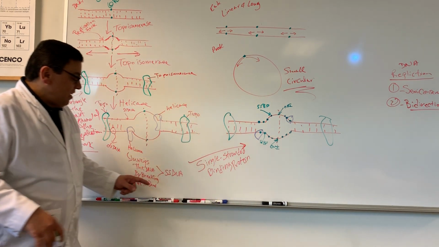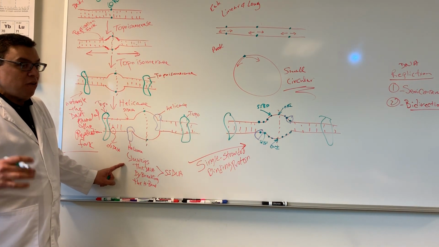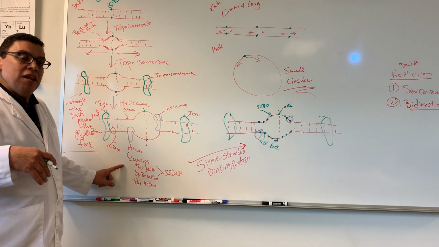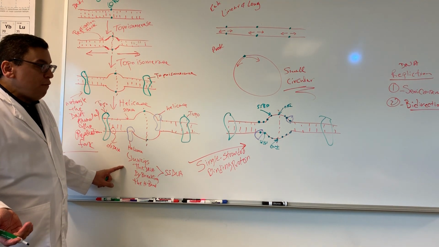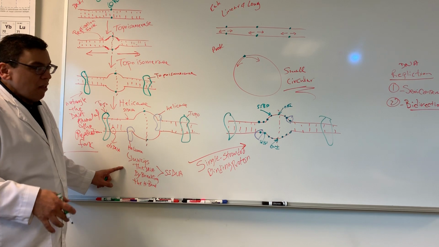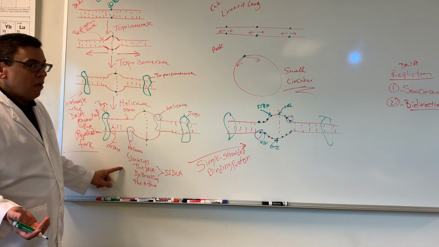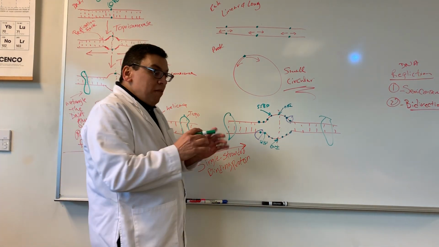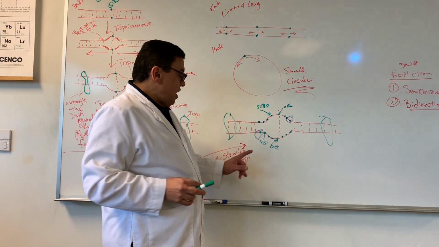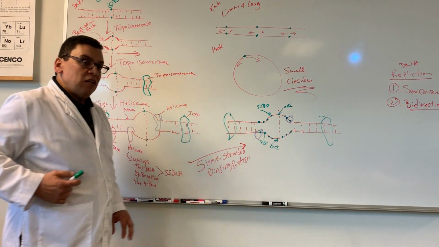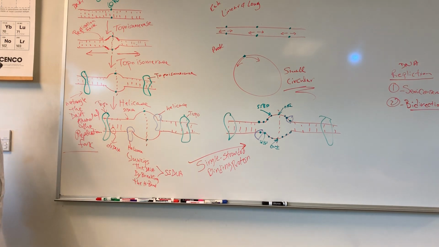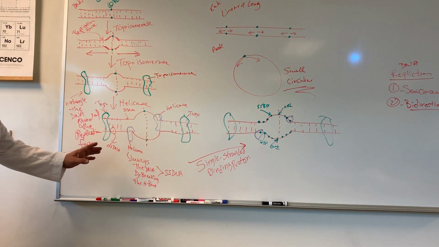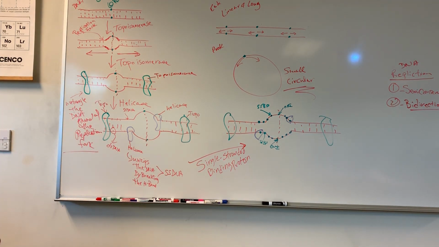See? Helicase unzips your DNA to get it ready for DNA replication. If it rezips, then you won't be able to copy it. So something has to keep the DNA unzipped, and that's the job of single-stranded binding protein. You haven't copied anything yet. You're just preparing it so far.